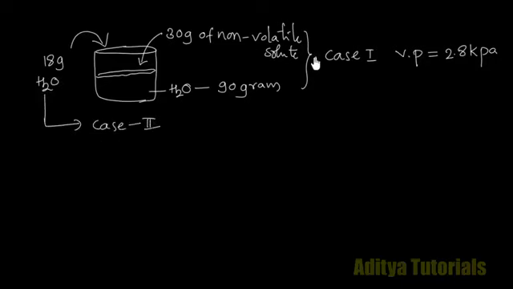So initially in the first case, the vapor pressure we have is 2.8 kilopascal, but when you add 18 gram of water again, you make the solution more dilute, and by that the vapor pressure should increase, right? Because the solvent is increasing here. So therefore the vapor pressure of the entire solution in case 2 becomes 2.9 kilopascal at 298 Kelvin. And in this case we have to find out the molecular mass of the solute.